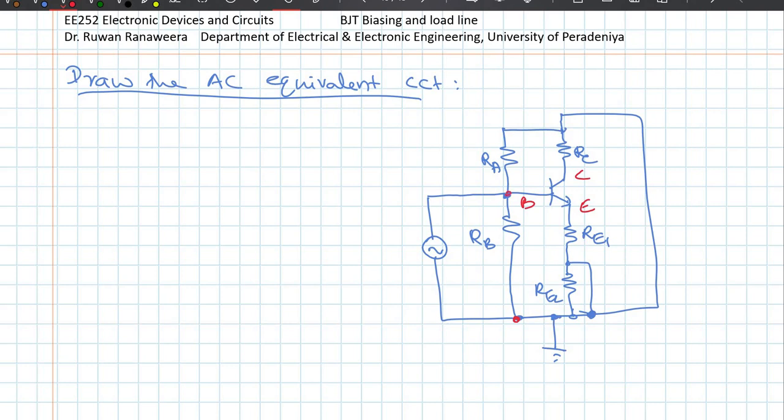RA is also connected at the base and through this part at ground. Okay, so therefore they are in parallel. So I can simplify this as you have the voltage source, and the voltage source is also connected between B and the ground. So I have B here and the ground here, and you have RA and RB connected here.